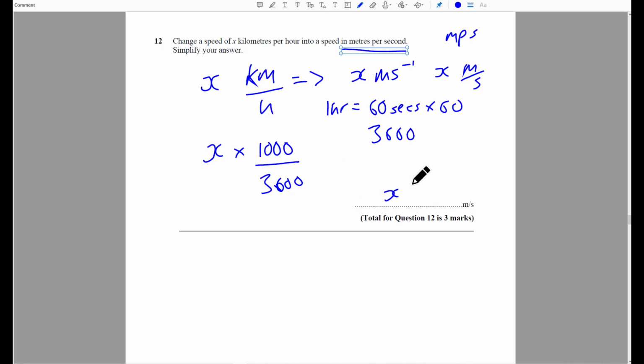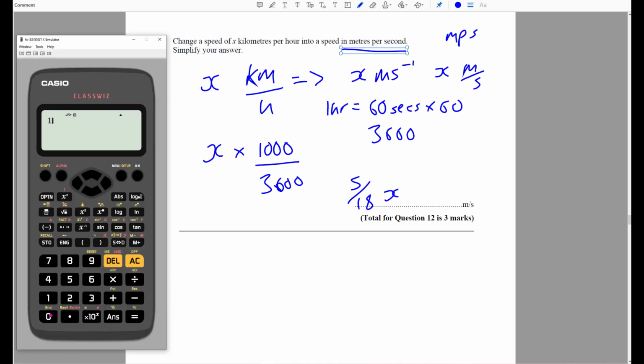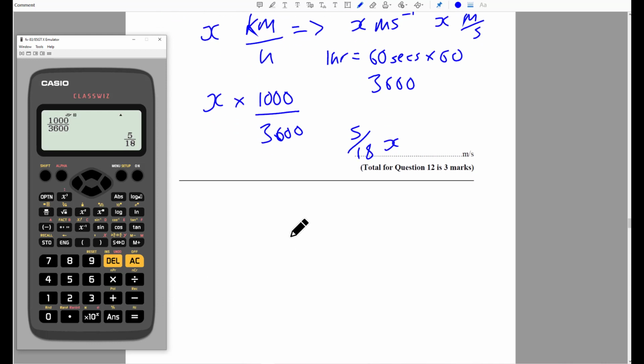And then simplify that, which your calculator will do for you. Use the fraction button, equals 5/18, done. Easy 3 marks there.